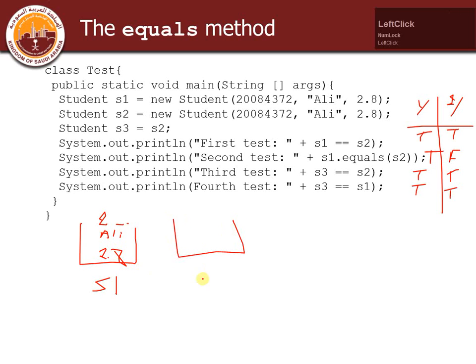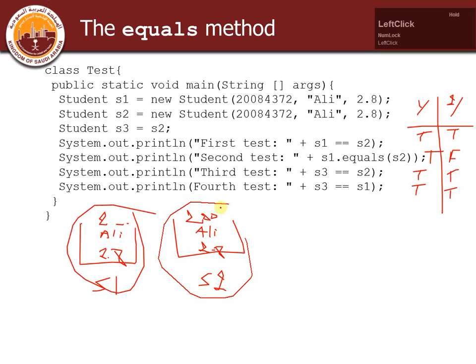And then I have S2, which takes another space in memory, another address, with the same values: the ID, then Ali, and 2.8. So they have the same values, but I did not use the dot equals. I was using the double equal sign, which means it is going to compare the addresses. Is this address exactly the same as the other address? Well, no. This is going to be false.